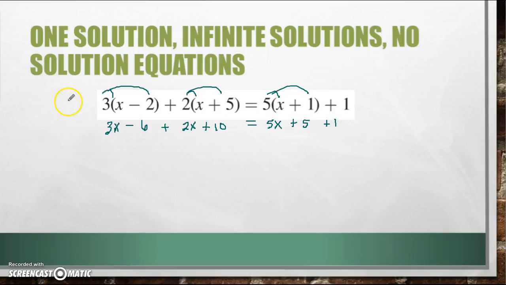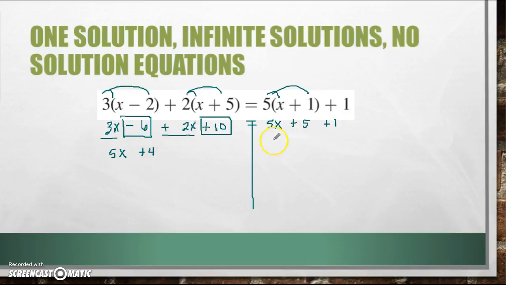So let's just combine like terms on each side. Let's keep the two sides of the equation separate. I have a 3x and a plus 2x. 3x plus 2x, that's 5x. And then I have a minus 6 and a plus 10. Minus 6 plus 10, that's a positive 4. So on the left of my equation right now, I have 5x plus 4.